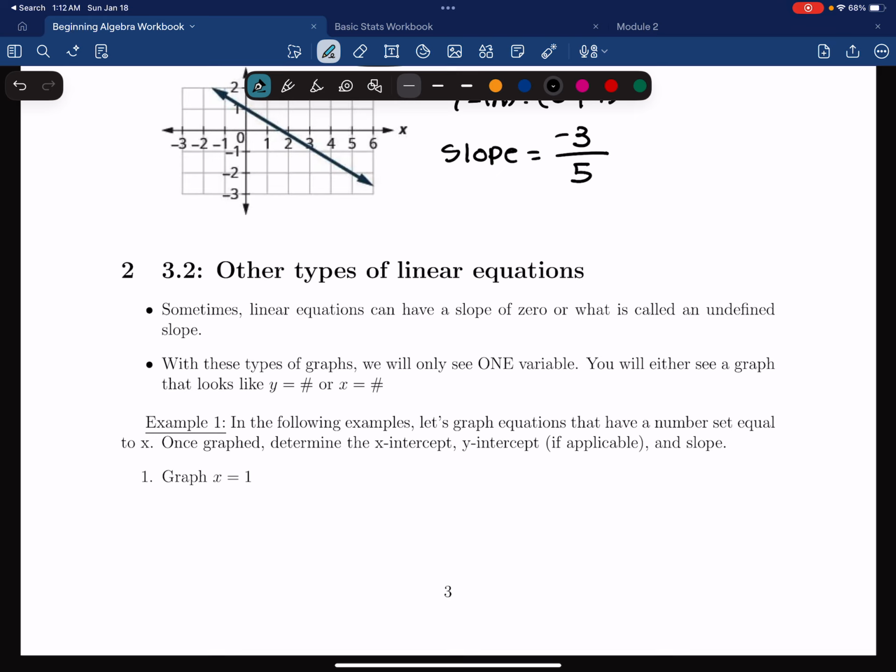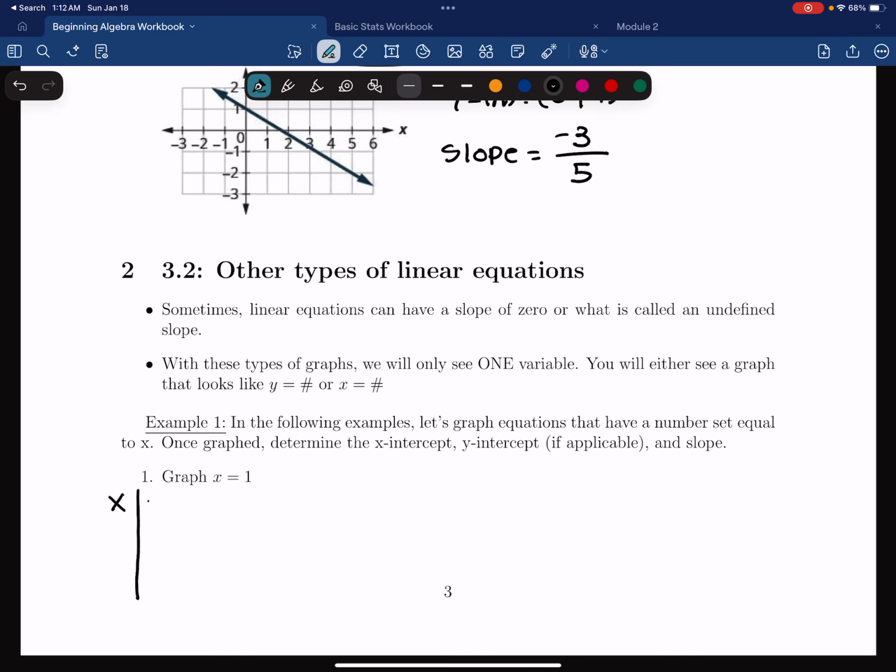How are we going to graph this equation if we've never seen what x equals some value looks like graphed before? Whenever you run into this scenario where you're asked to graph something and you don't know exactly how to go about it, this can be your safe, go-to method.